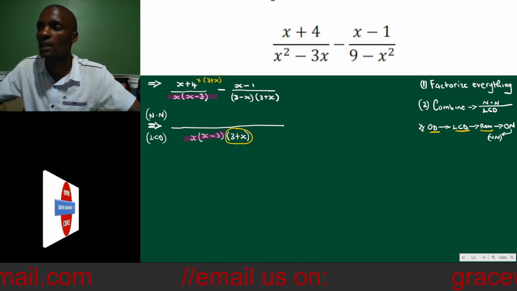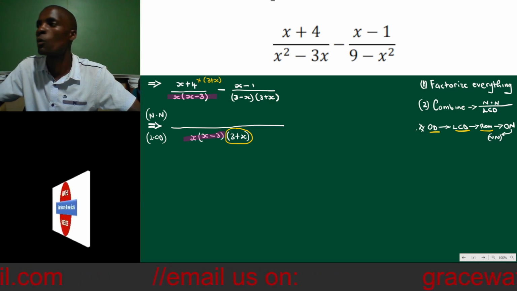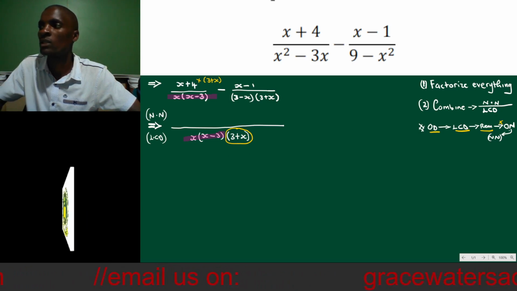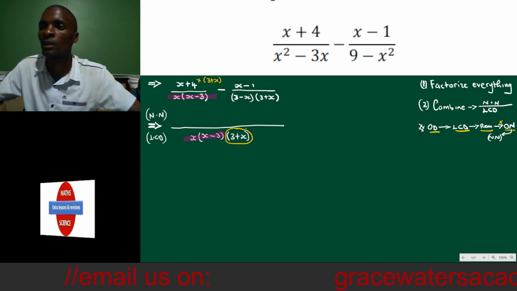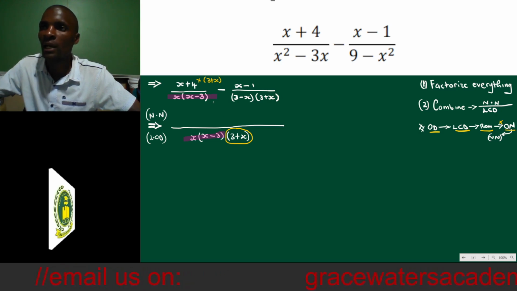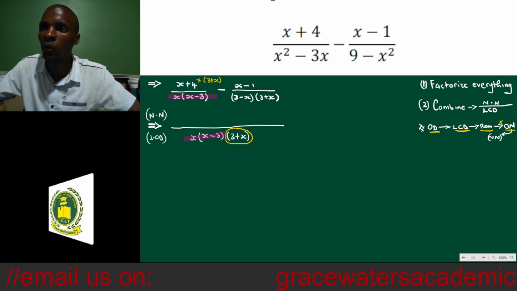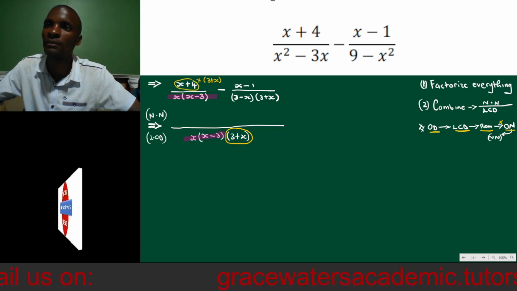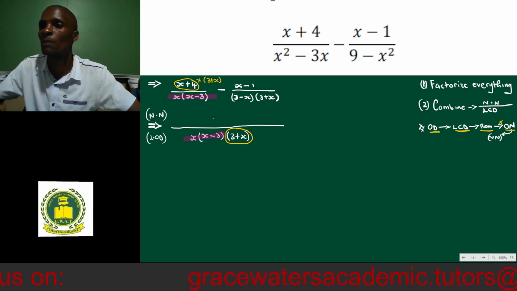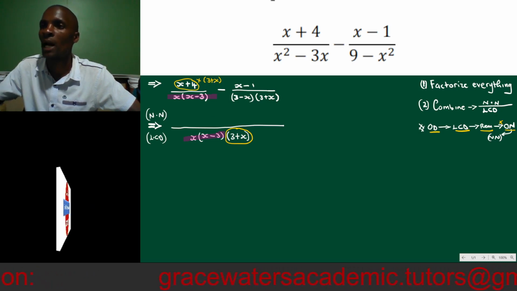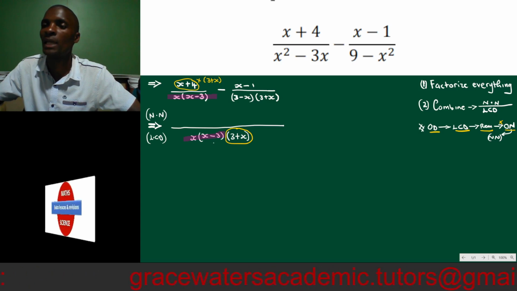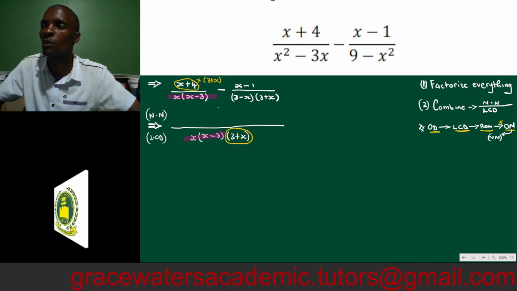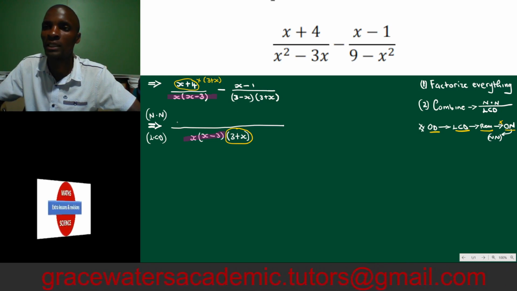Now I take the remainder to multiply the old numerator. Which one is the old numerator? It is this one. Then after multiplying the old numerator by the remainder, I must get what you call the new numerator, and I'm putting it here now.